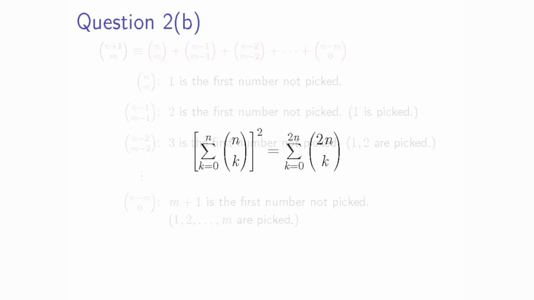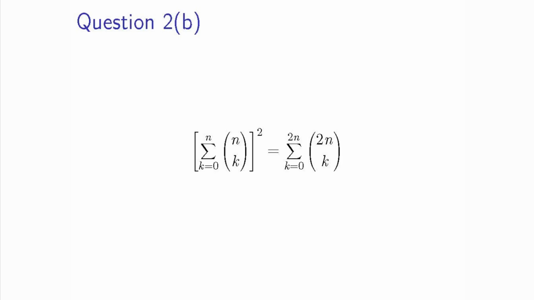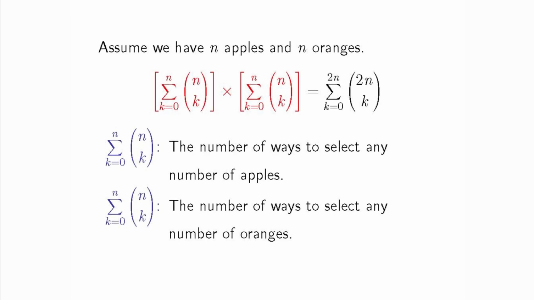For question B, we have to prove that the summation of n choose k, where k is equal to 0 to n, squared, equals 2n choose k, k equal to 0 to 2n. This one is a little easier. For the left-hand side, the first factor, n choose k from k equal to 0 to n, is the number of ways to choose apples from n apples.